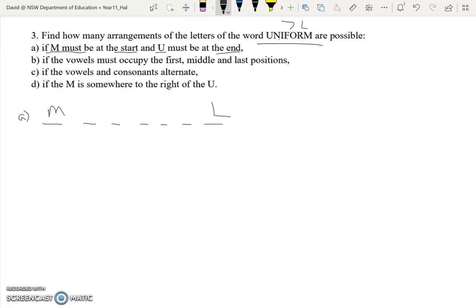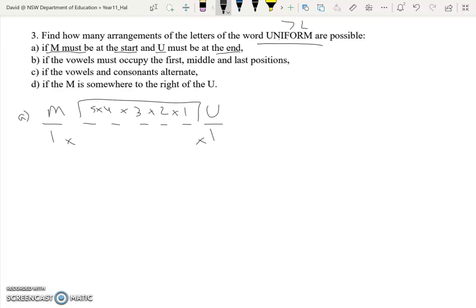I deal with that restriction first. There's one way of doing that. Now, I've got 5 positions left to fill, and I've got 5 letters to choose from as well. So that's going to be 5 times 4 times 3 times 2 times 1.